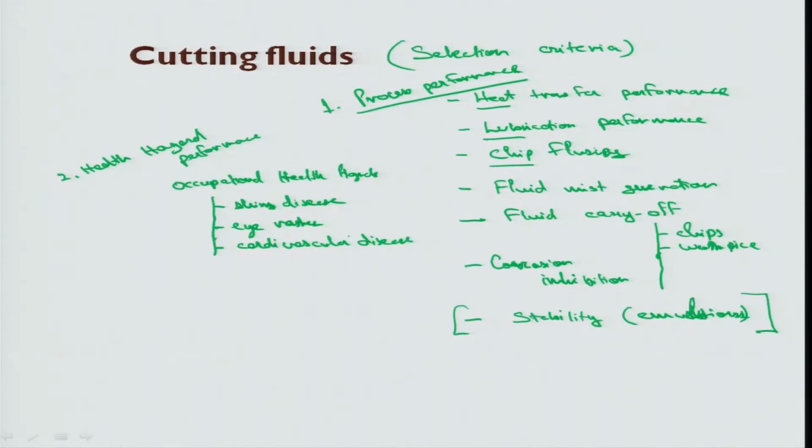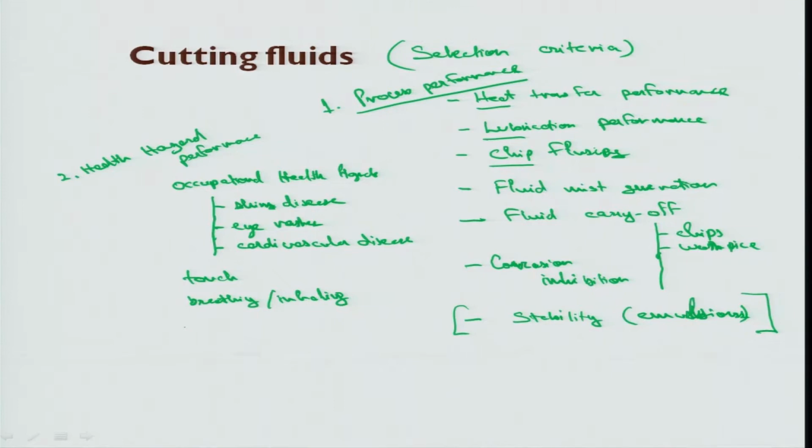So these mechanisms are essentially based on the external or internal contact involved in machining work. That is, does our worker touch the fluid physically, or is he breathing or inhaling this cutting fluid?